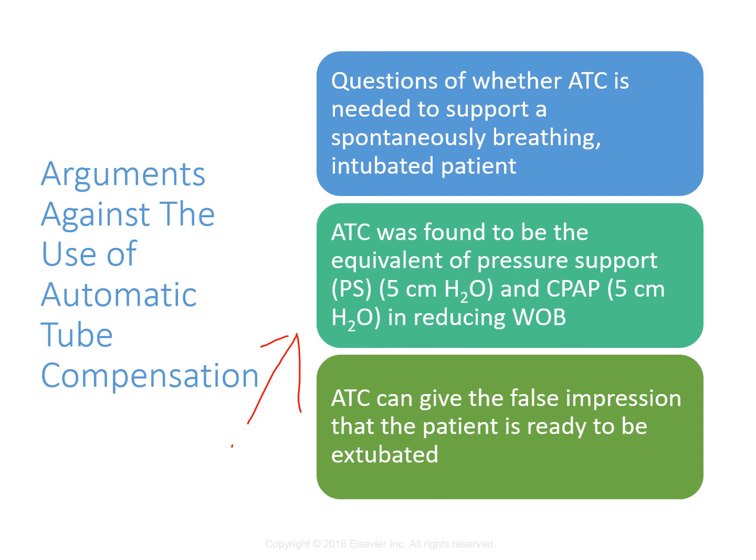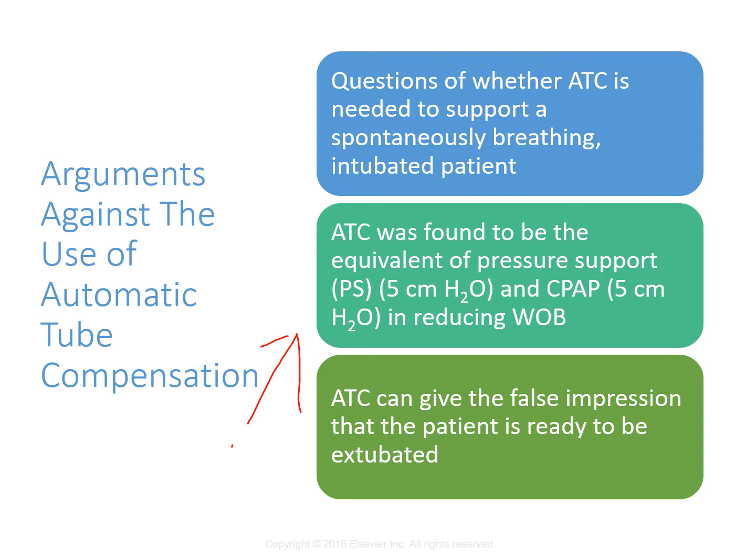So in some cases, tube compensation can give the false impression that the patient's ready to be extubated when the person is dependent on the vent support supplied by automatic tube compensation, even though it's minimal.